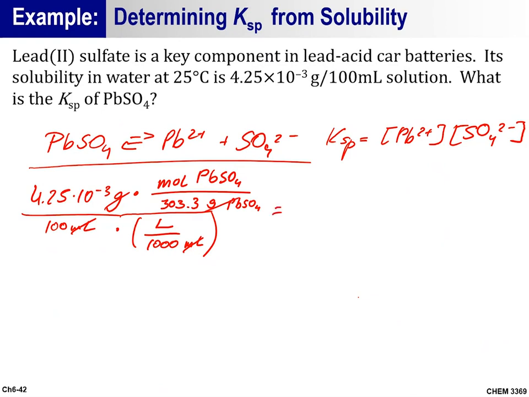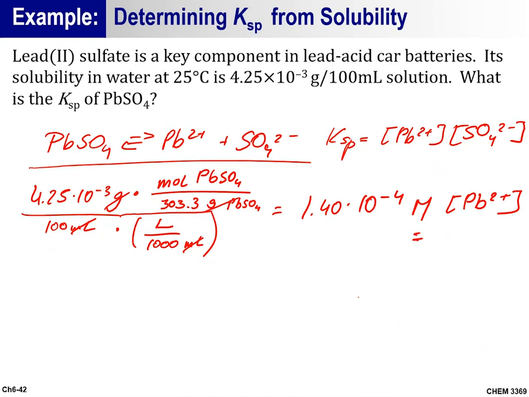So when you calculate this, you will get the moles per liter, which will be the concentration, right, the molarity. So that's 1.40 times 10 to the negative 4. And this is the molarity. And this is the solubility. So this is the concentration of Pb2 plus.